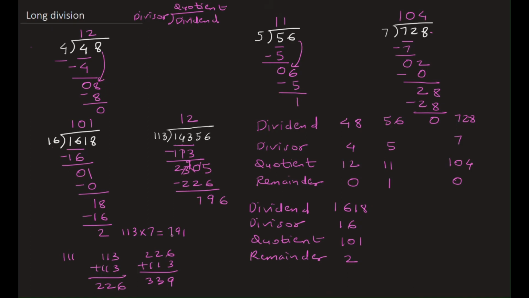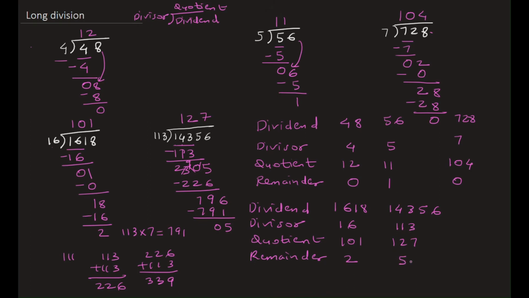So 113 goes 7 times in 796 and it equals 791, which I subtract, and remainder 5 is left out. So what is the dividend? The dividend is 14,356. The divisor is 113. The quotient is 127 and the remainder is 5.